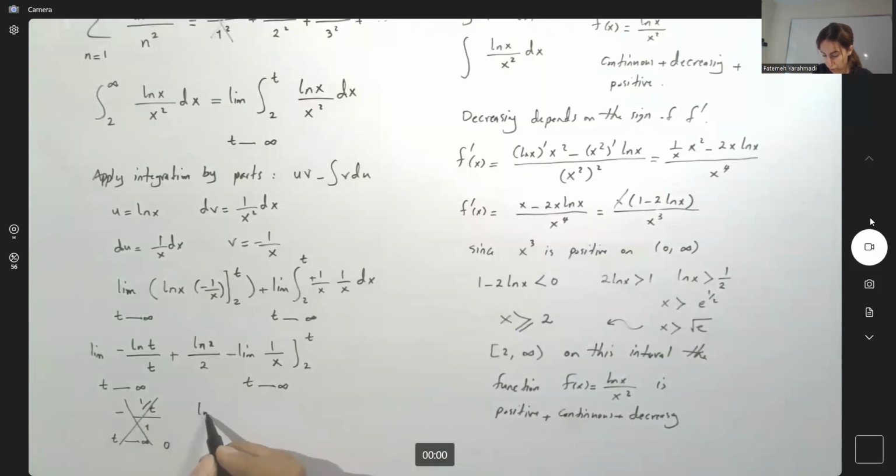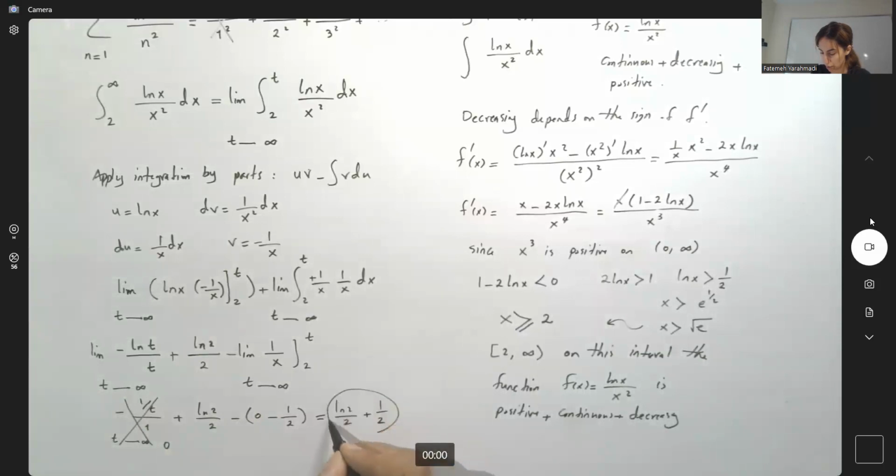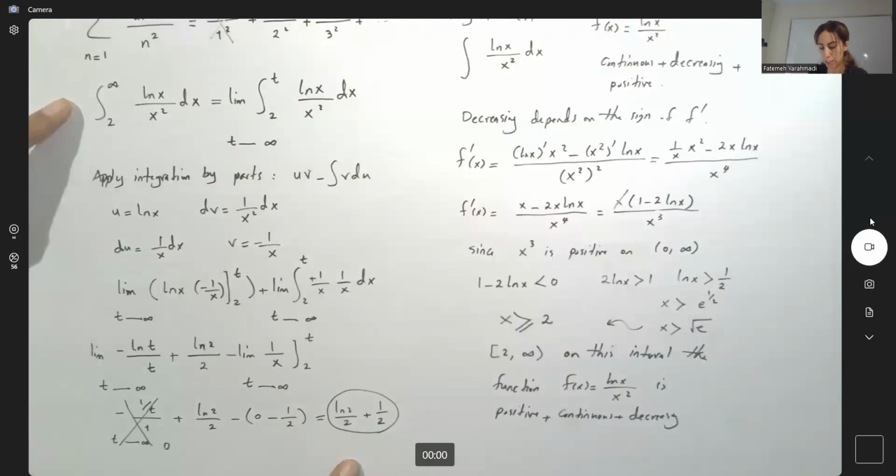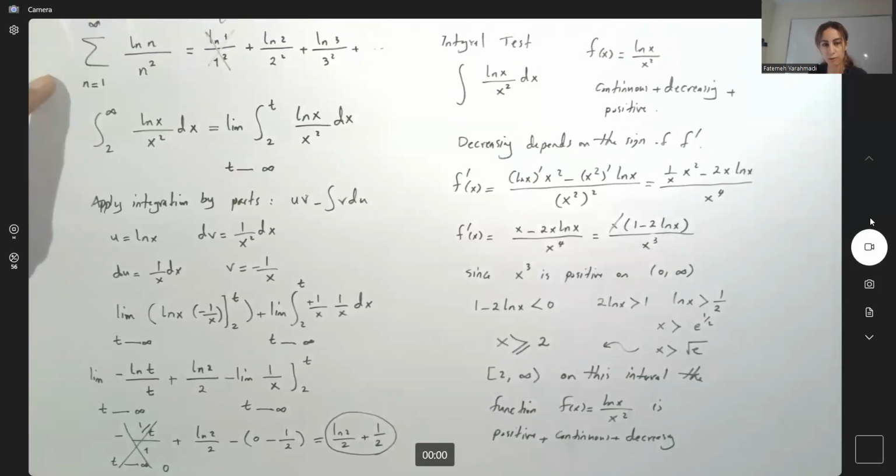And you have ln of 2 divided by 2. And here you have minus the limit of 1 over t as t goes to infinity, which is 0, minus the limit of 1 over 2, which is 1 over 2. So you have ln of 2 over 2 plus a half. So the integral here is convergent. So you can say that, hey, by the integral test, my series is convergent. So this is the conclusion that we have.